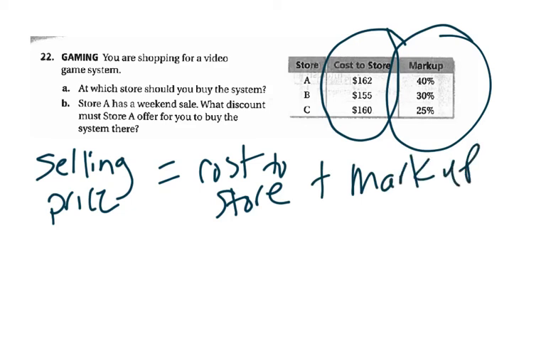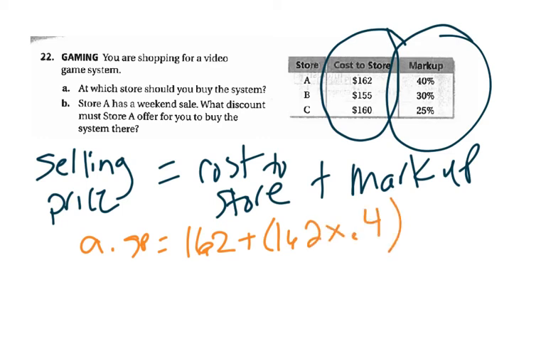Okay, so let's look at A. So store A, the selling price is going to be equal to $162, okay, plus 162 times 40%, which is 4/10, okay?